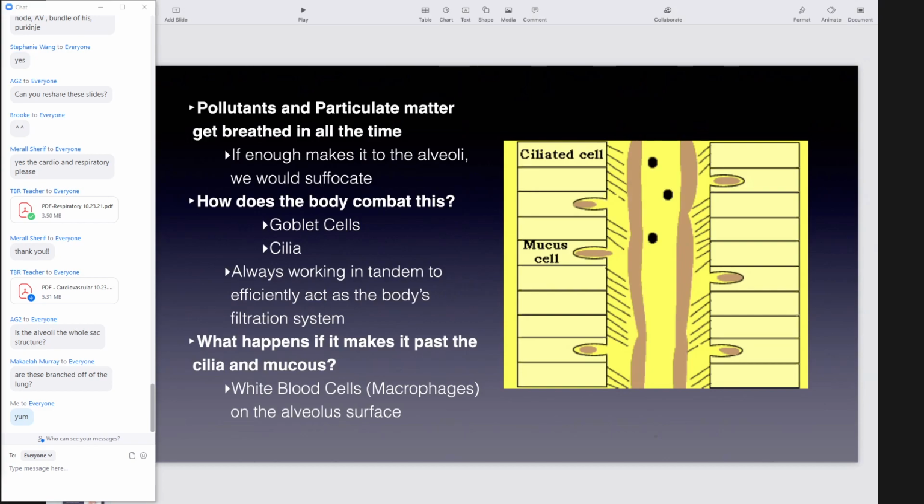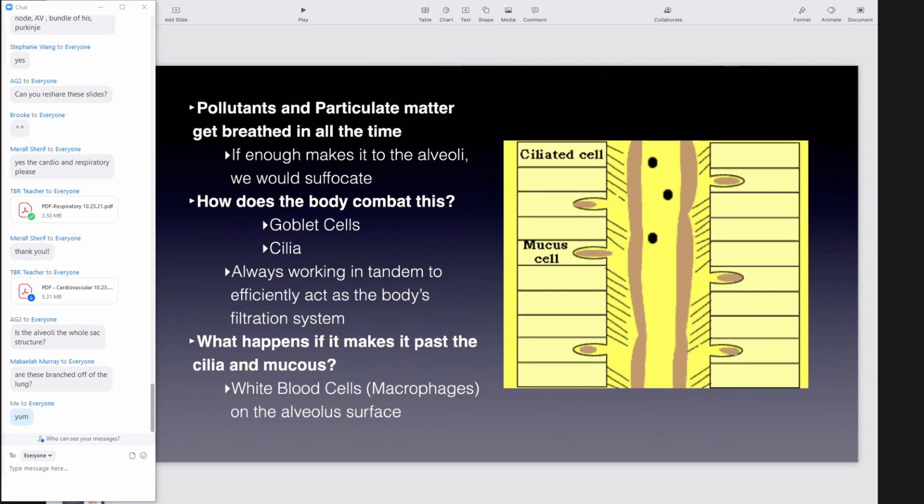It's going to implant itself in that mucus, and the cilia are going to kick it up. So it has its own mechanism of filtering all the particulate matter. It's going to go in, get stuff stuck, and it's going to go out.